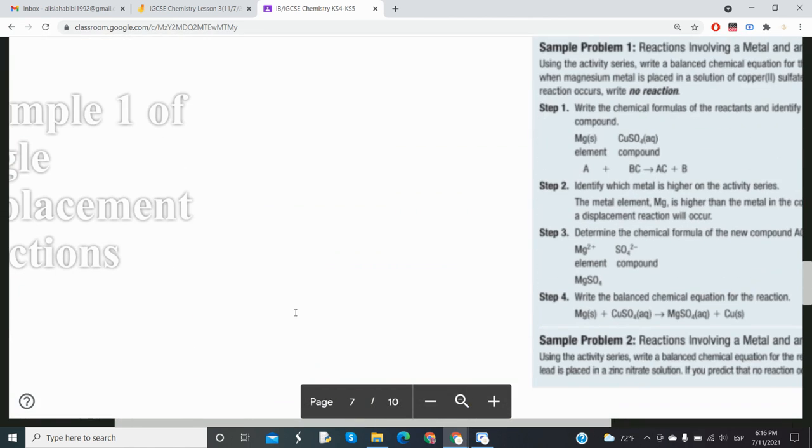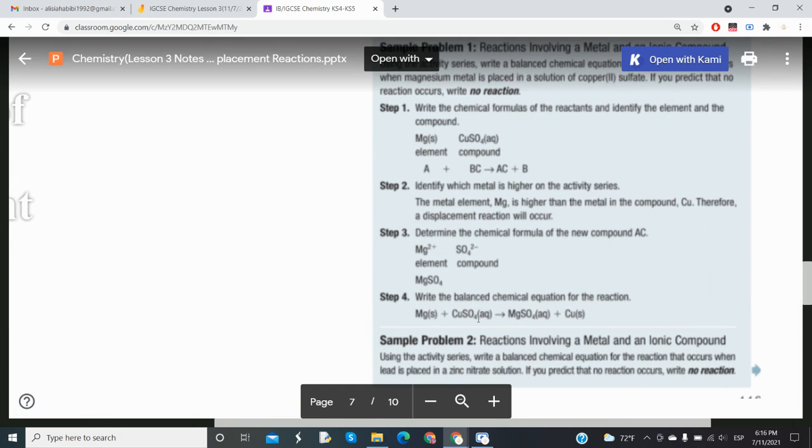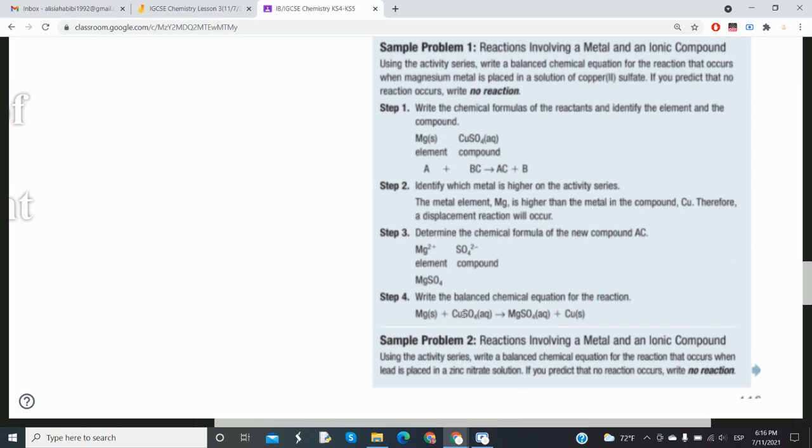And of course, it will displace copper. So this is what we have here in step 4. Magnesium displaces copper and combines with sulfate, forming magnesium sulfate, following the rules for the right chemical formula as in step 3, MgSO4, and copper as a solid is displaced.